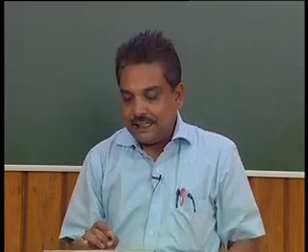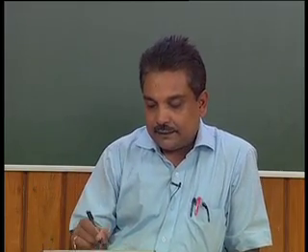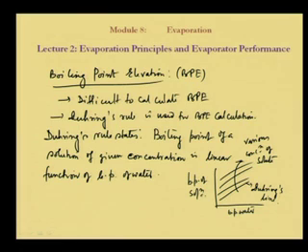So, if we accept Duhring's rule, that it is a linear function, and if we have, for at least 2 concentrations, the boiling points of water and the corresponding boiling point of the solution, then we draw a line, fine. This boiling point of water will change because of the pressure of the system, and the boiling point of the solution is also known.